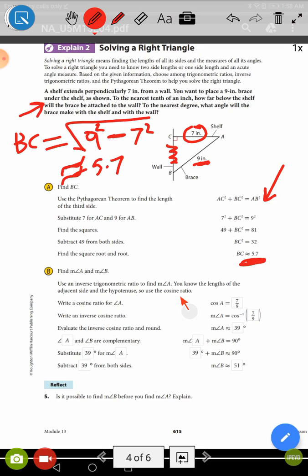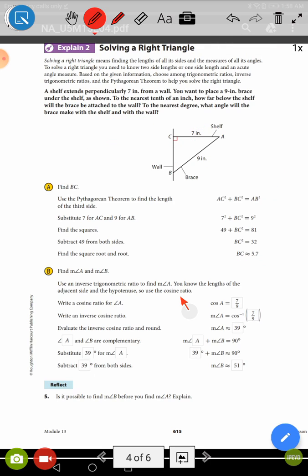Okay, how to find angle A and angle B? If we have the measures of the sides, we can find any angle using shift sine, shift tan, or shift cosine, as you like. So here he used cosine.